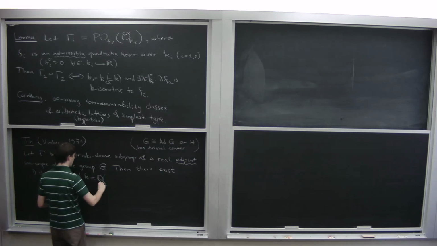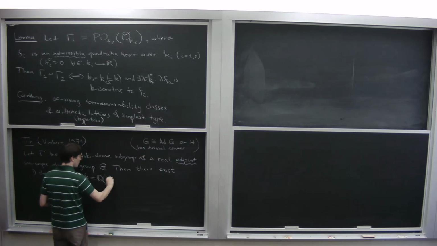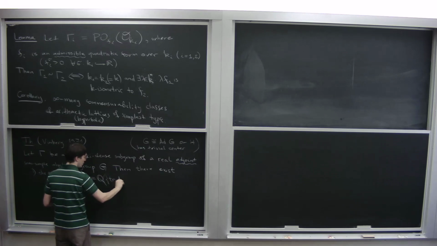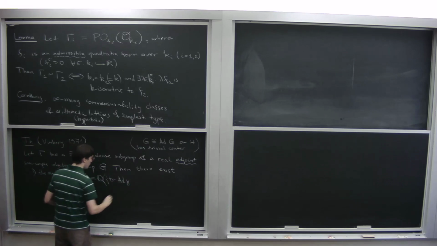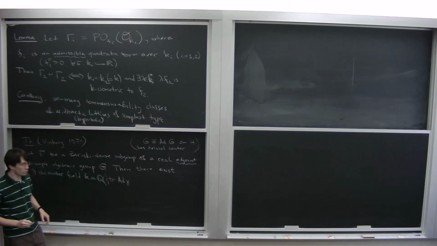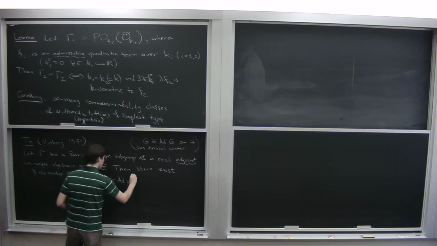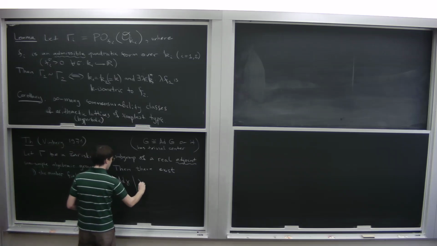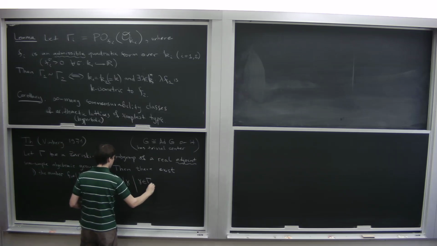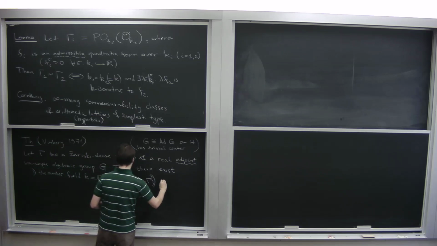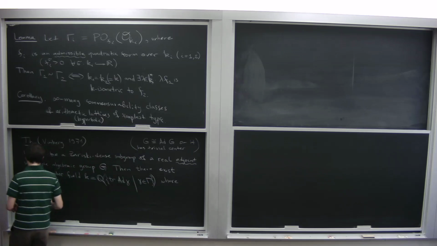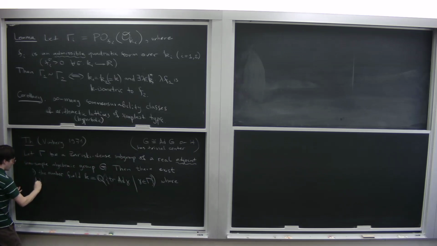This is Q extended by the traces of the adjoint images of all gammas, where gamma is an element of Gamma, and where Ad is the adjoint representation.